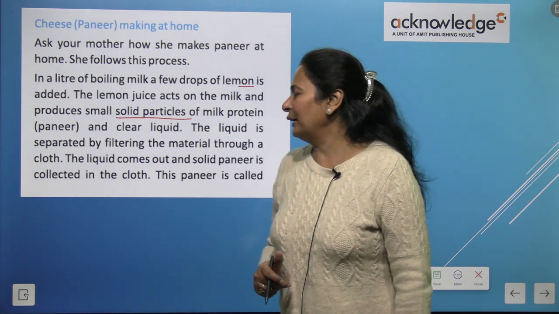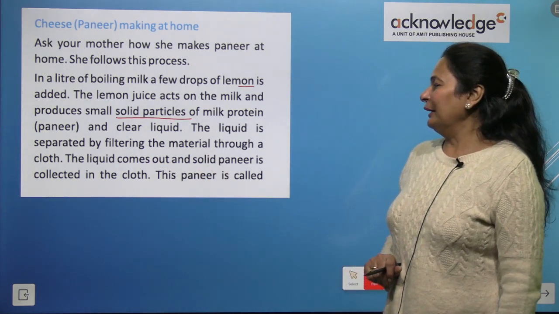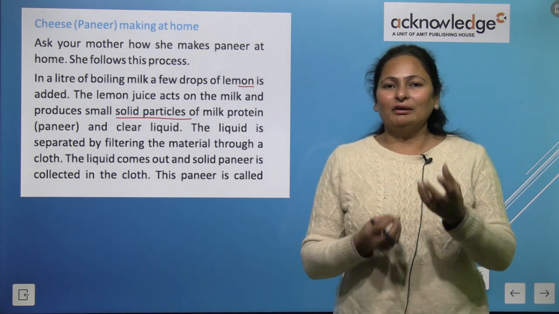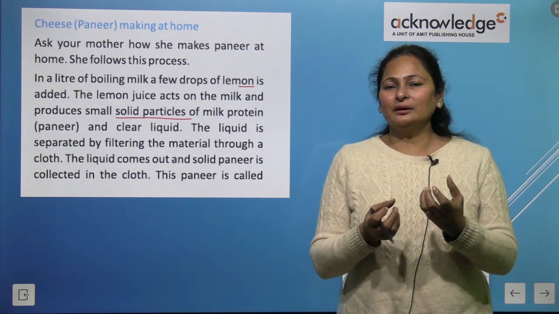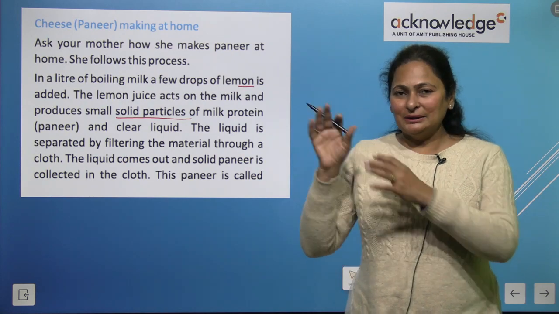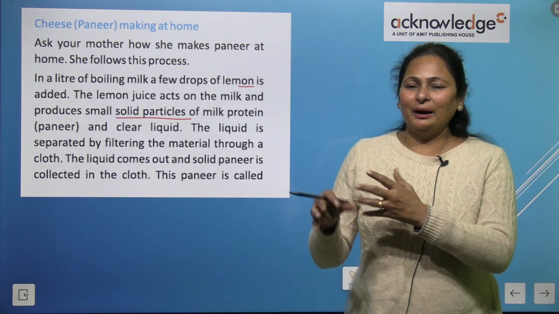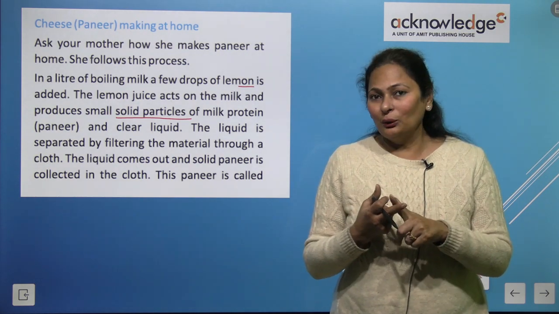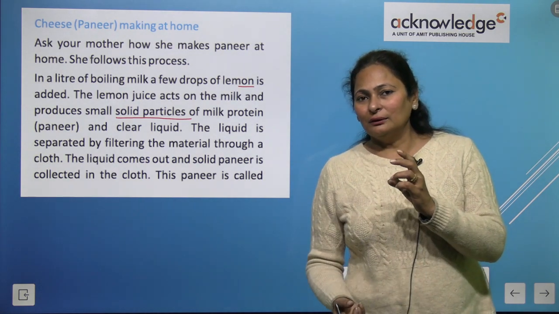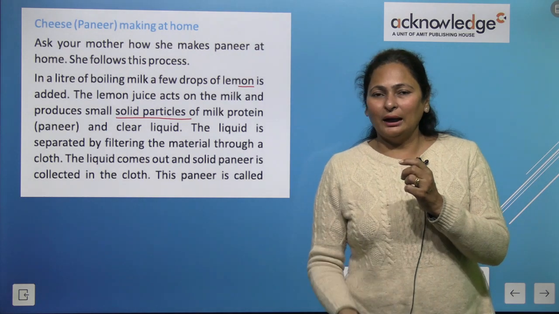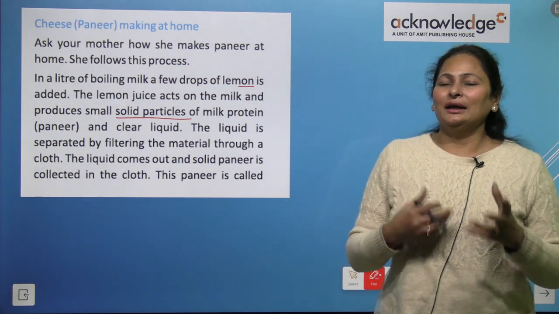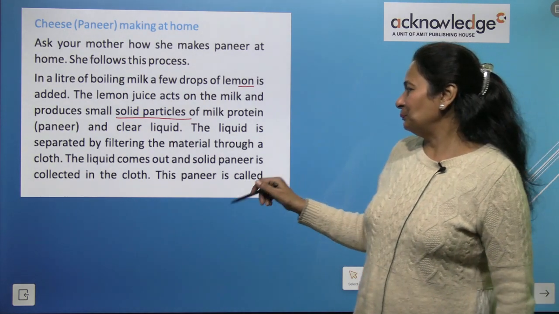The liquid is separated by filtering the material through a cloth. How will we filter it? We will pour all the material, the liquid with the solid particles, through the cloth. What will come? The liquid will come down, and what is left? Paneer will be left in the cloth.